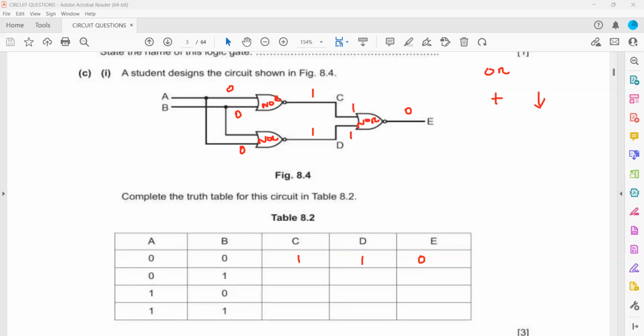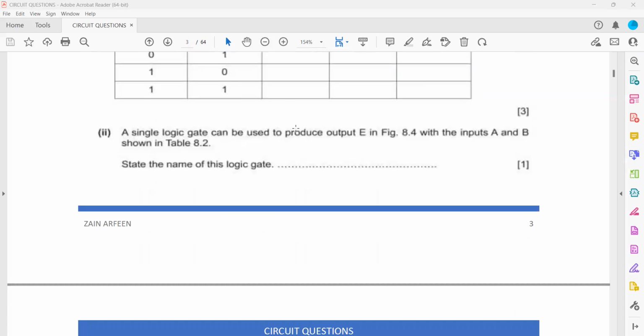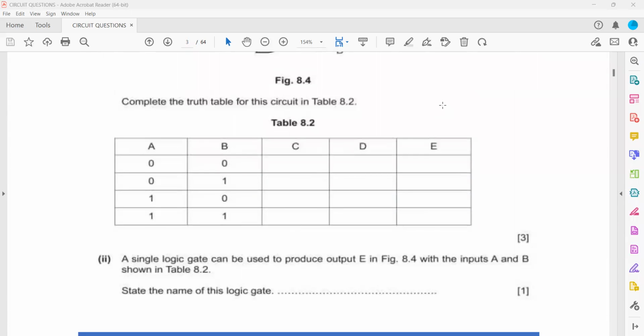For different inputs, we have to complete the truth table. A single logic gate can be used to produce E with inputs A and B. So when we work out the value for E, yes, both lines are going through both gates. That's right.